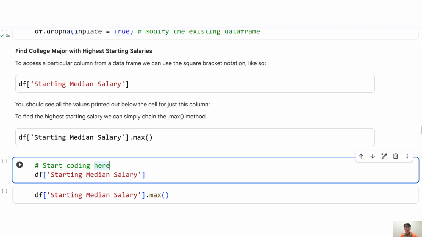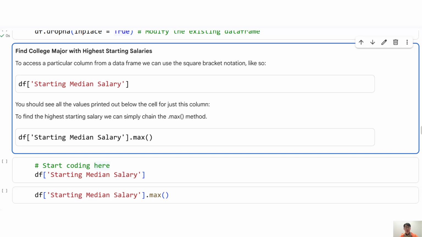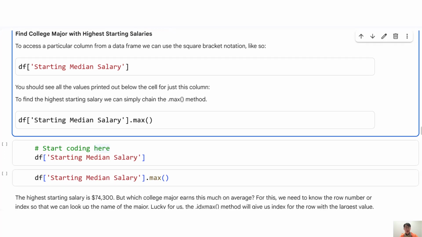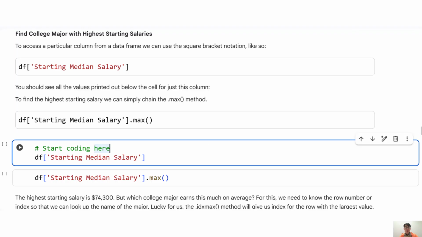As I've mentioned earlier, if we use square brackets, it allows you to access or extract a column. And if you extract the column named starting median salary and use the function called max, it will display the greatest number in this column.